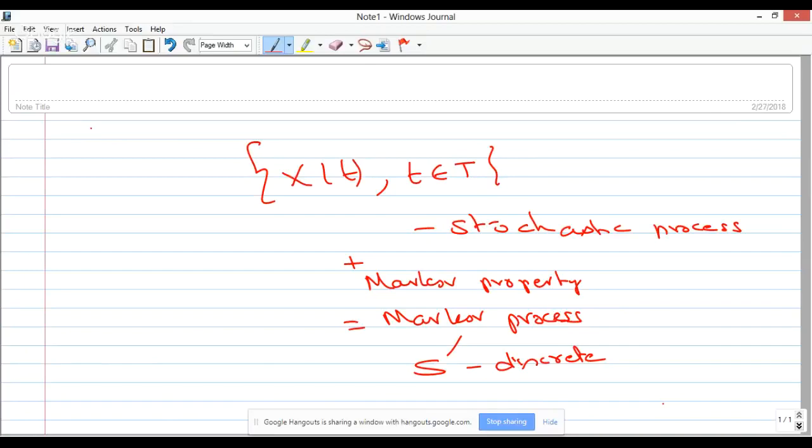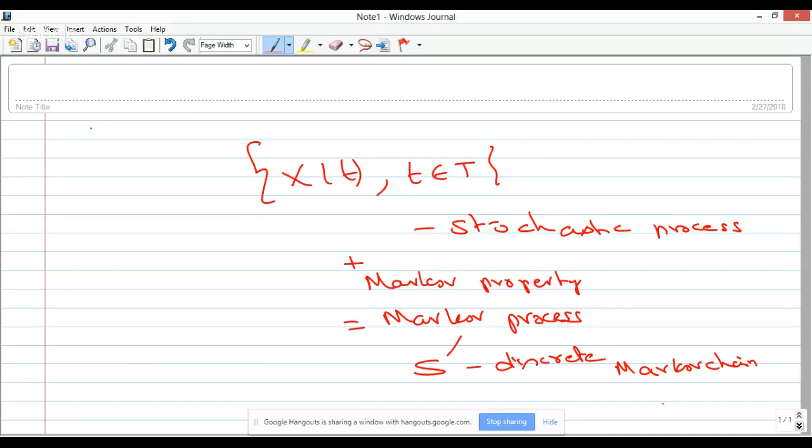When the state space is discrete, we call this Markov process a Markov chain. So the Markov chain comes from the Markov process with the assumption that the state space is discrete.